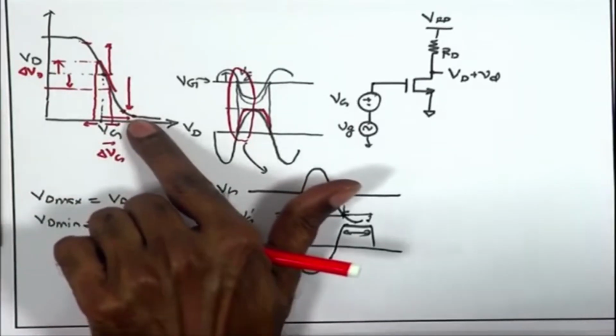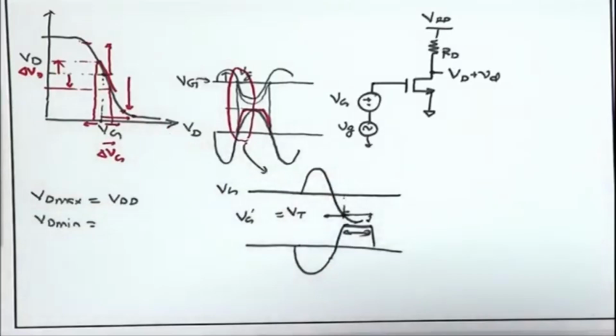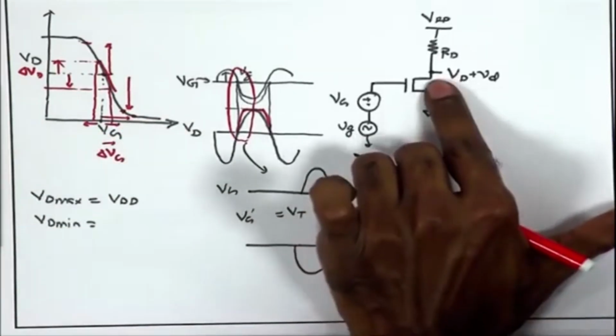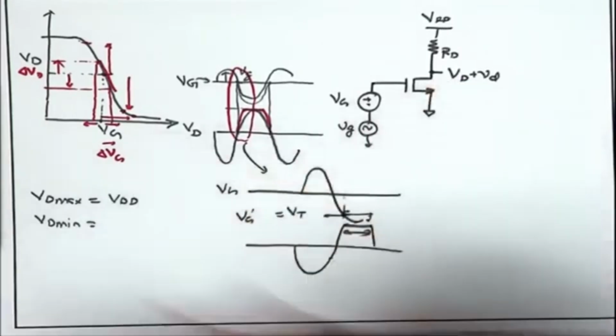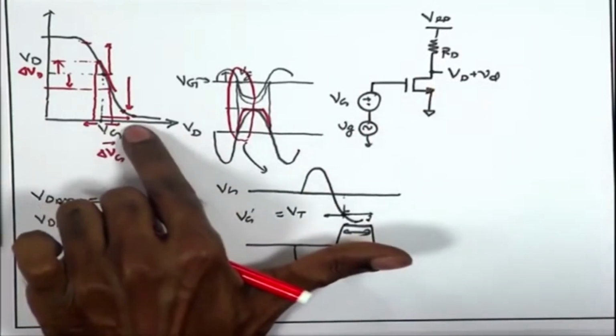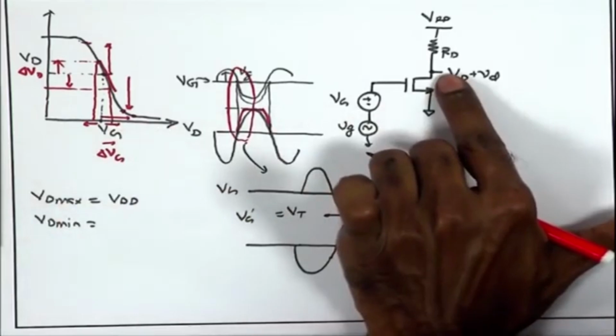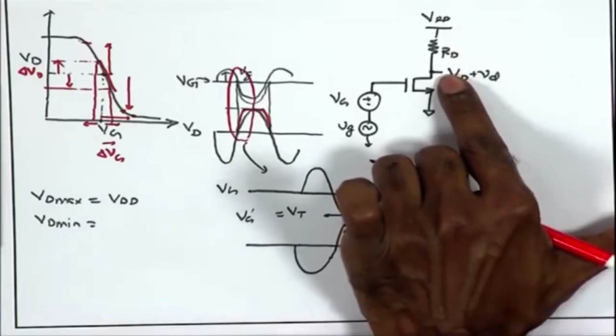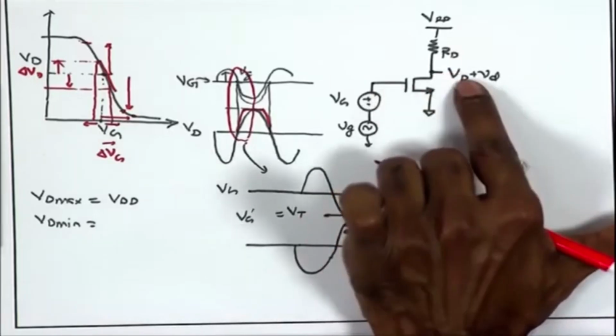Once again, the gain is going to be hampered. In order to make sure that the transistor is in saturation, even for the worst case when the gate voltage has sufficiently increased, I must make sure that the minimum value of the drain voltage is equal to the voltage required to keep the transistor in saturation.